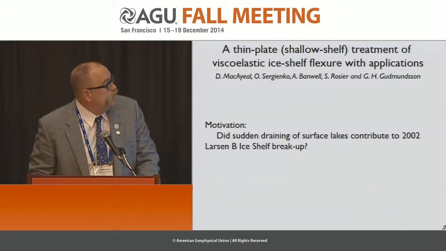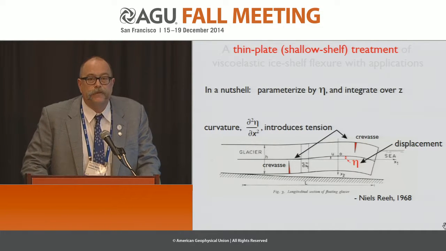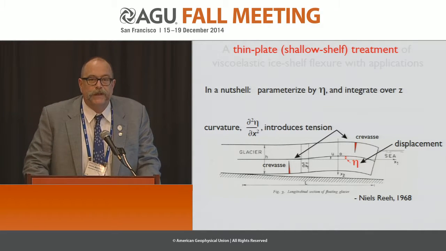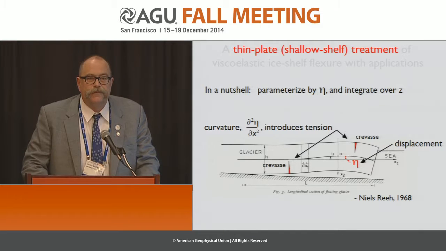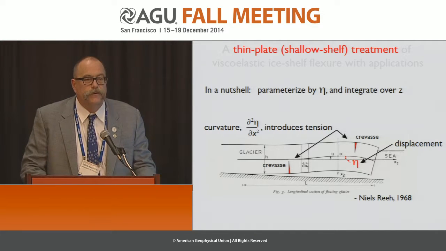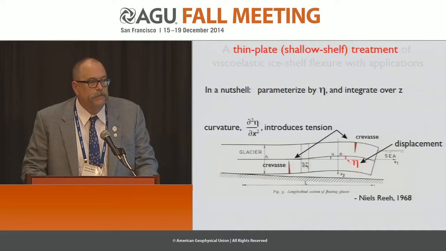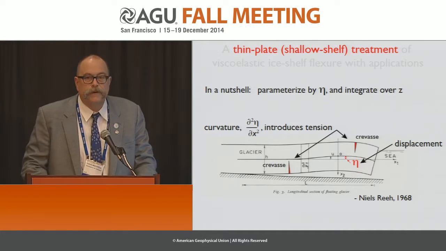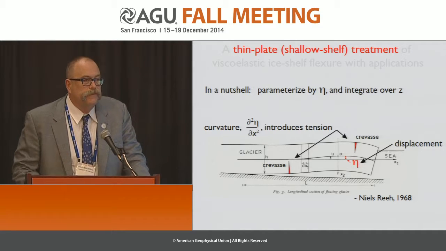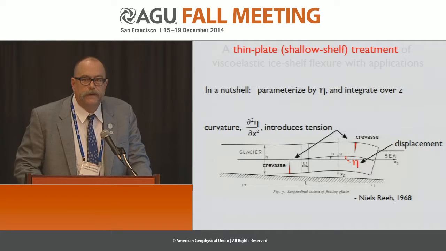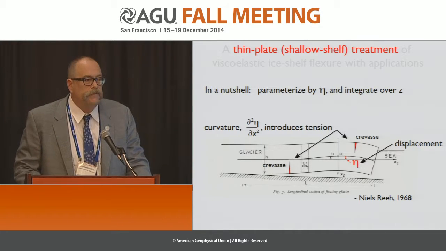Well, anyway, the framework of shallow ice approximation allows us to reduce the dimensionality of an ice shelf from 3 to 2. For the vertical aspect of the ice shelf motion, we parameterize all stresses and strains in terms of a two-dimensional function, the Greek letter eta, which is the displacement of the ice shelf in the vertical direction from a position of rest.